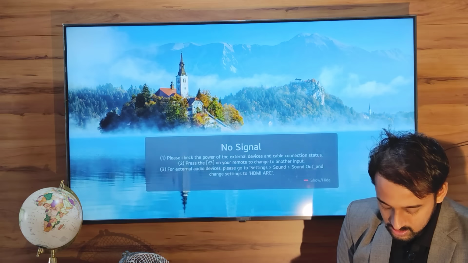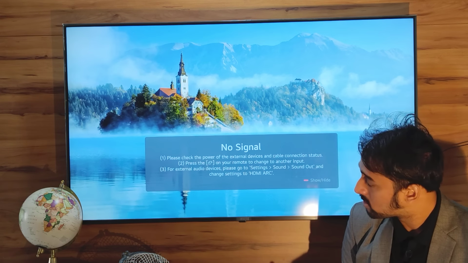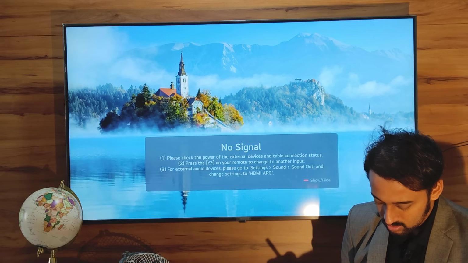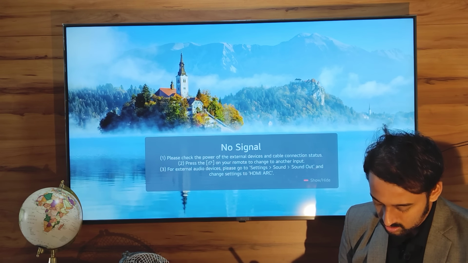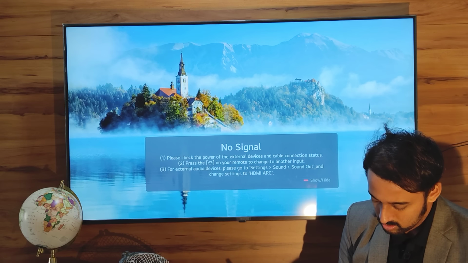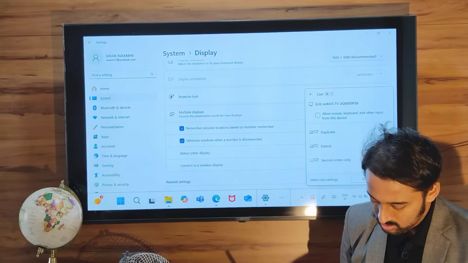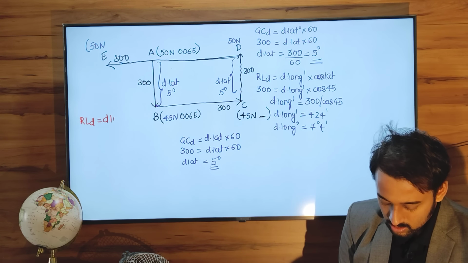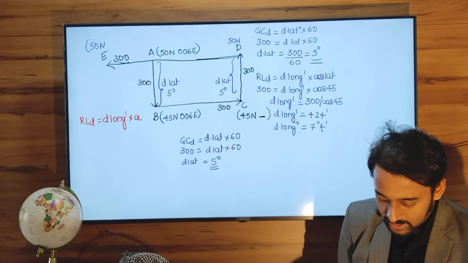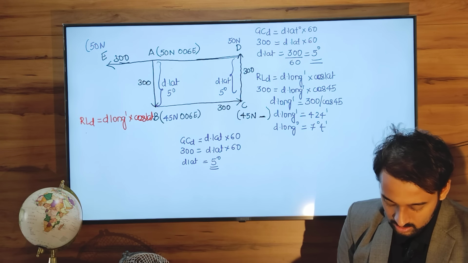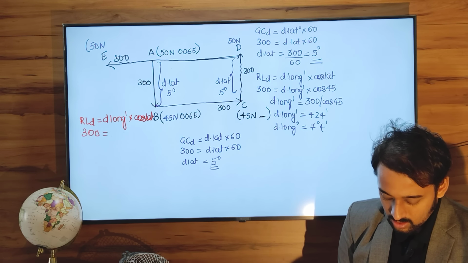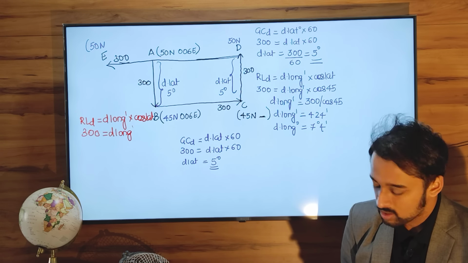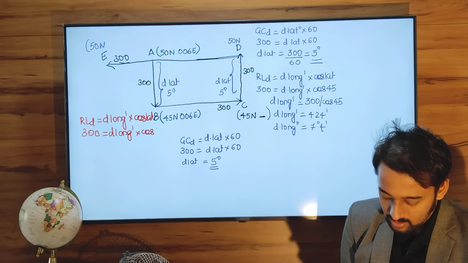So Rumline distance is d long into cos lat, 300 equals d long into cos 50.